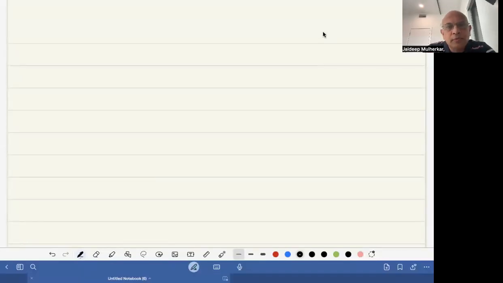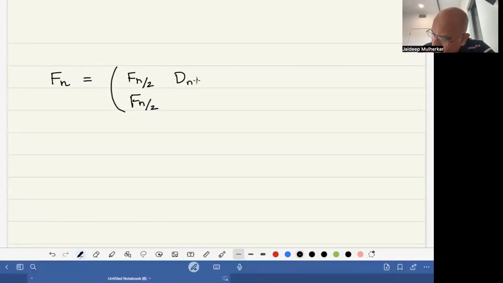Hi, last time we learned that the n-dimensional Fourier transform can be written in terms of n over 2-dimensional Fourier transforms. So F_n is equal to a block matrix of the form F_{n/2} on these two components, and there is an n over 2-dimensional diagonal matrix.